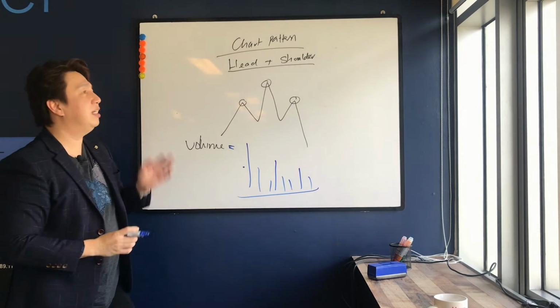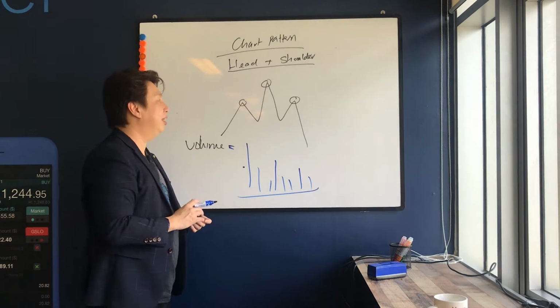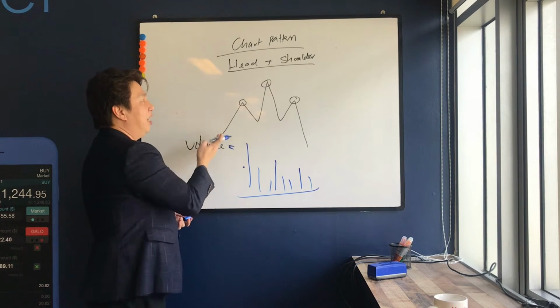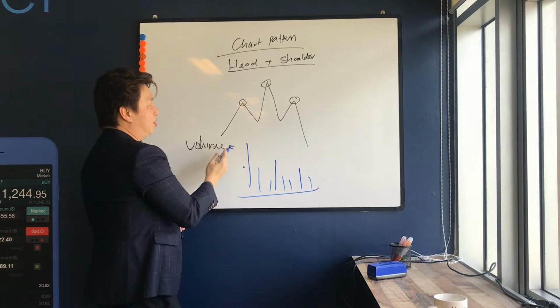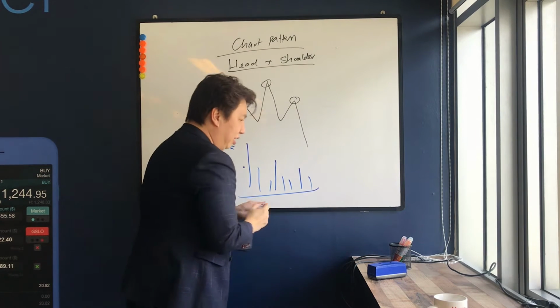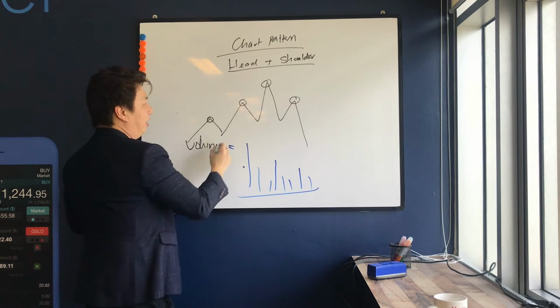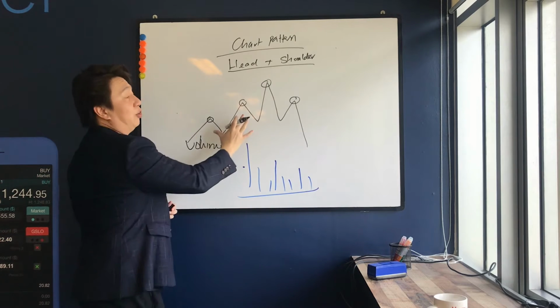So why is it that on a head and shoulder pattern, this happens? It's because in the first rise, prior to this down move, it was forming higher highs. Every time it goes higher, the volume increases.